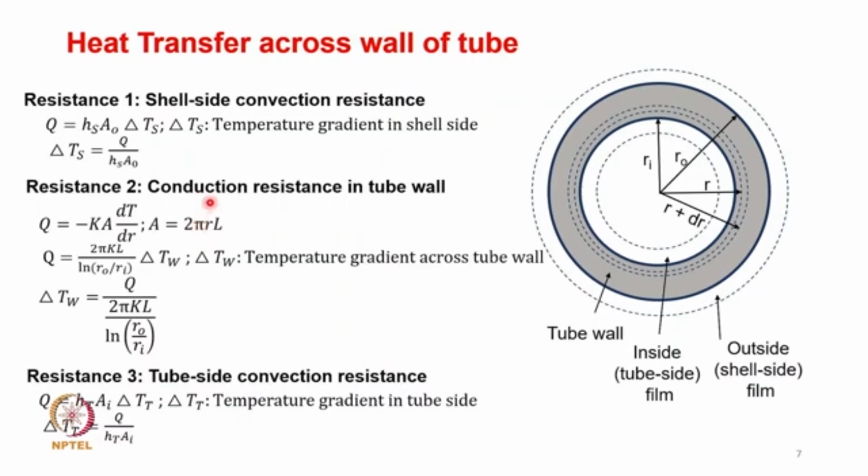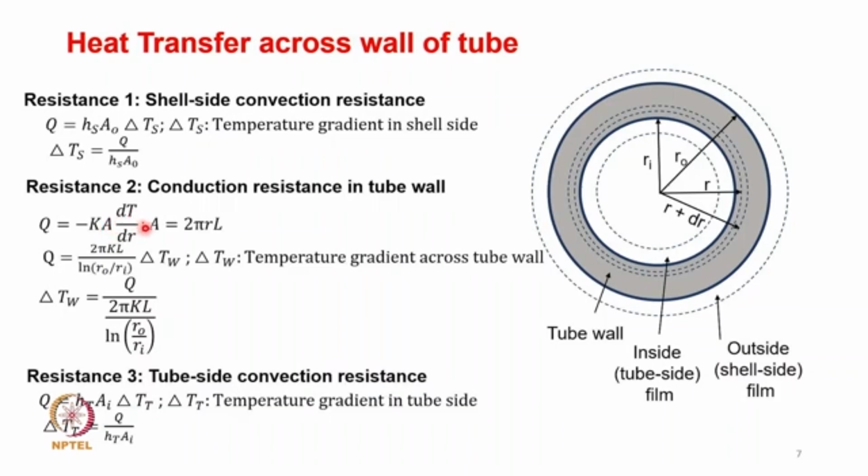So 2 pi r is the perimeter, and l denotes the length of the tubes. When we replace A by 2 pi r l, the entire equation is a function of Q, K, r, l, and T.